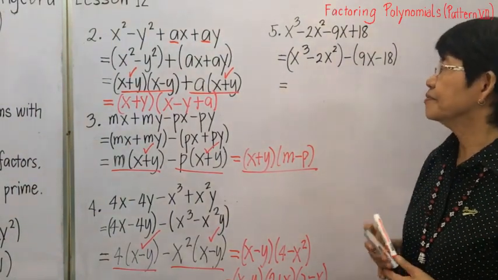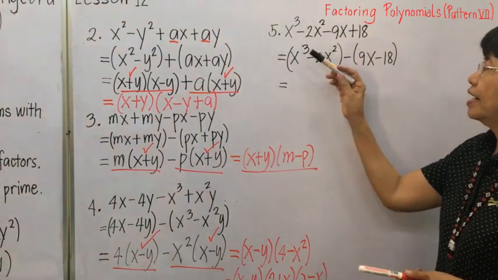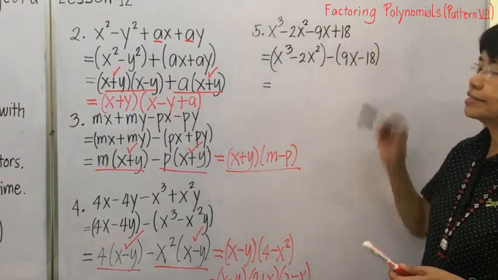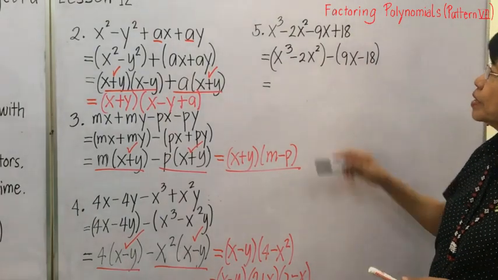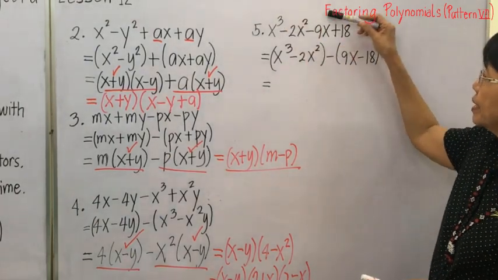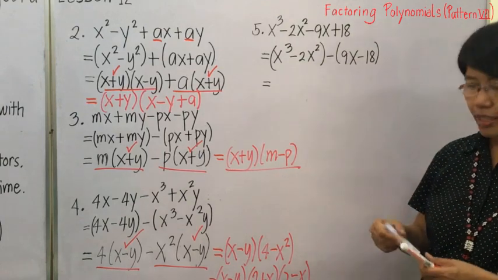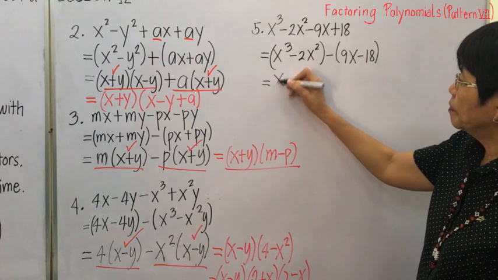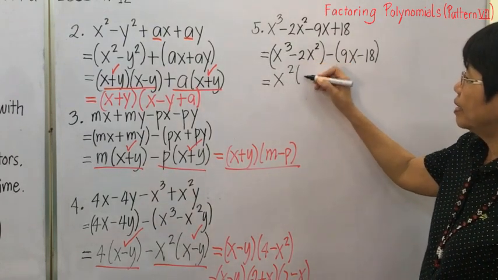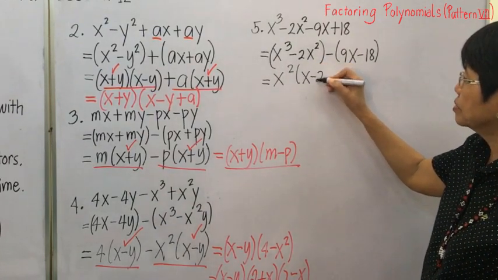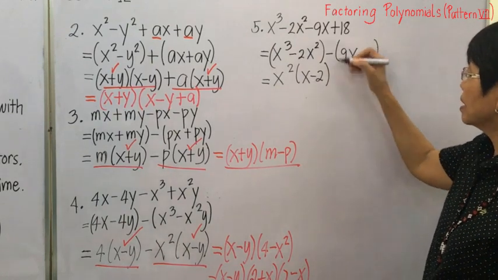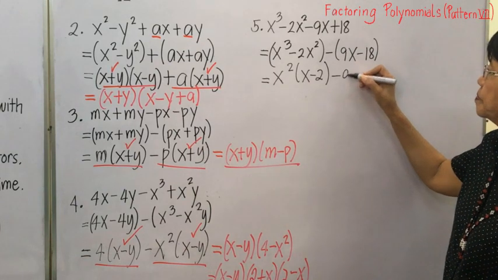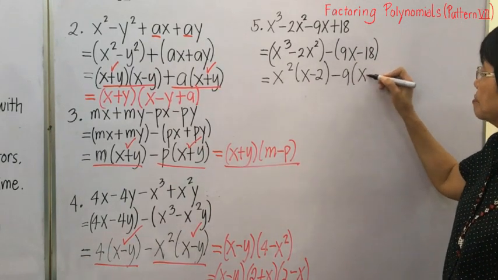And lastly, we have x cubed minus 2x squared minus 9x plus 18. And grouping together the first two and the last two, we can factor out a common factor here, x squared, and we have x minus 2. And factoring out a common factor here, we have negative 9 times x minus 2.